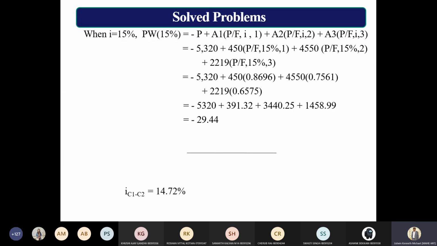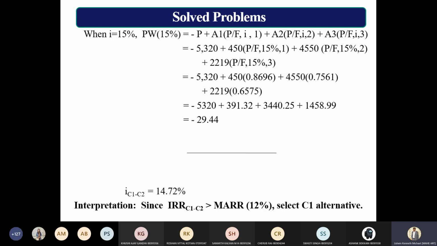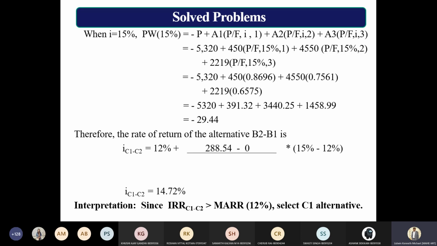So when comparing those two IRR values, you get IRR of C1 minus C2 equal to 14.72%. So that means C1 minus C2 of 14.72% is greater than MARR of 12%. So you have to select the alternative C1. Clear? Any doubts here?